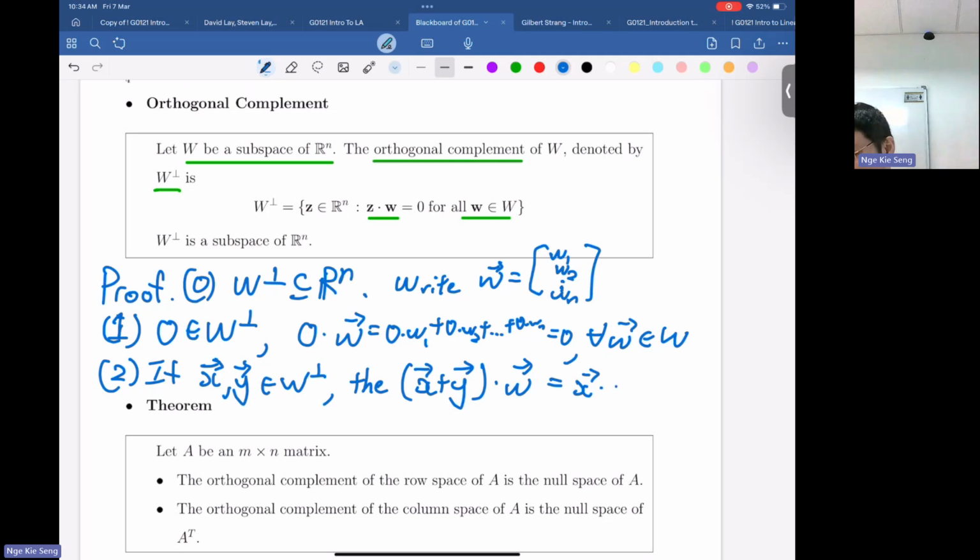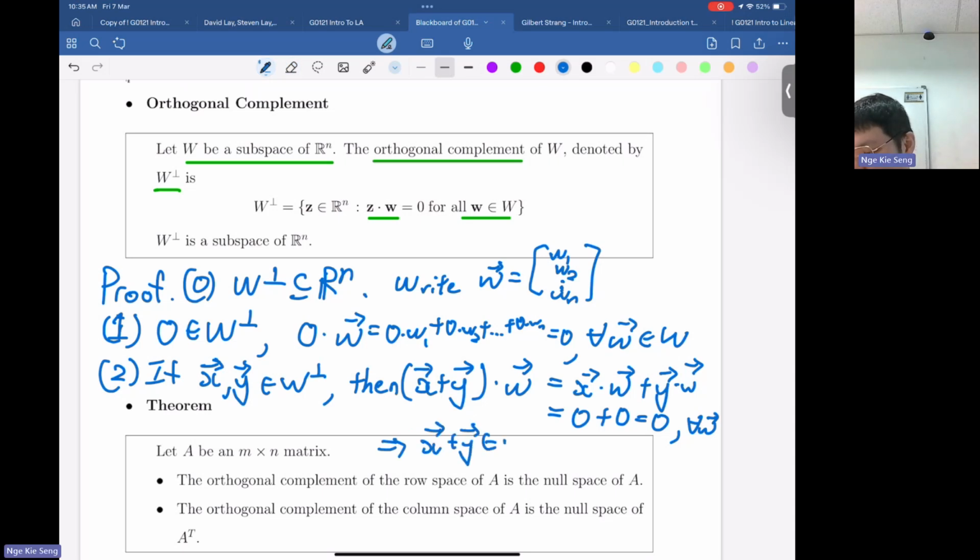So you get X dot W plus Y dot W. But both are in W perp, meaning X dot W and Y dot W are both zero. So 0 plus 0, which is 0, for all W. This implies that X plus Y also lives in W perp.